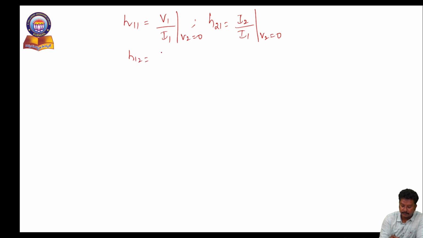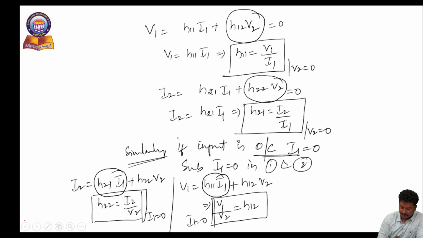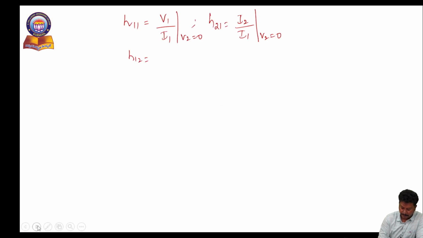H12 is equal to V1 by V2 by considering I1 is equal to 0. H22 is equal to I2 by V2 by considering I1 is equal to 0.